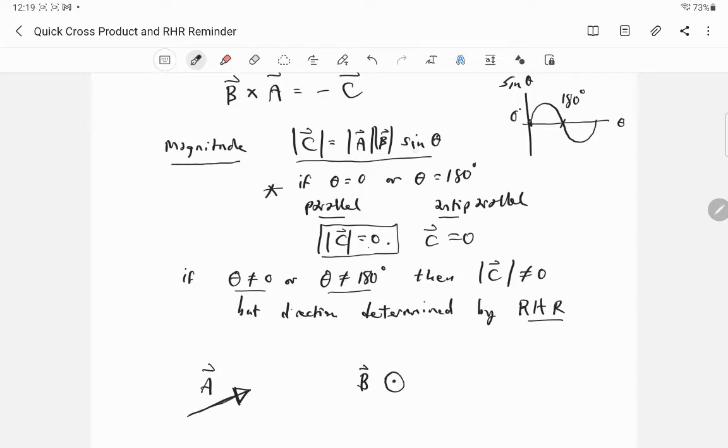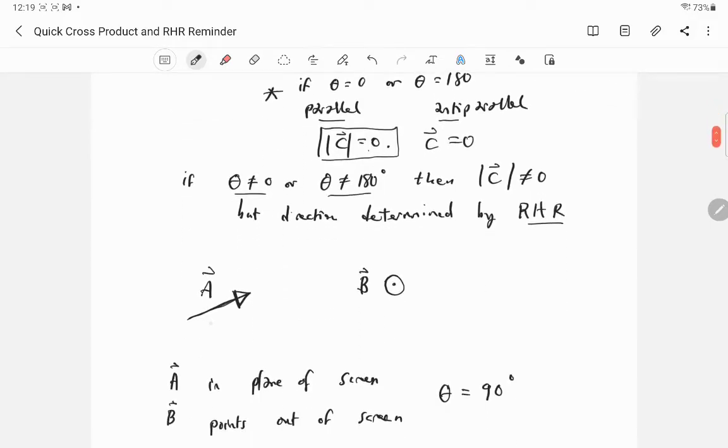And notice that the sine of the angle theta is only going to be between 0 and 180. That is, the sine of theta is only strictly positive, right? So that's the sense in which I'm guaranteed that what I'm calculating is a positive magnitude for the vector C, or the answer C.